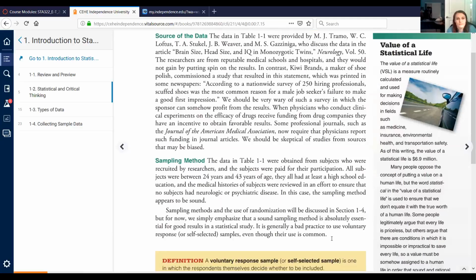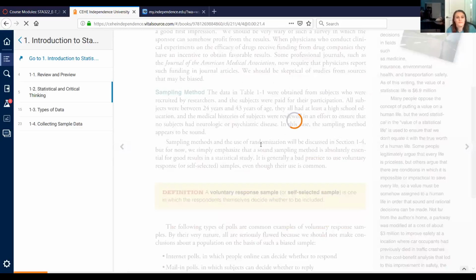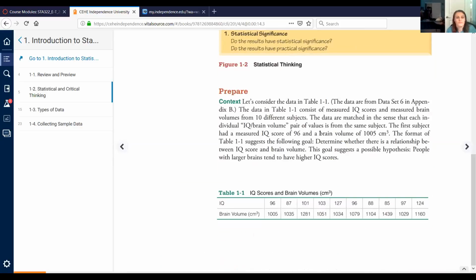Okay, so let's see. I want to back up here. What's the study? Here's an interesting bit of information looking at IQs and brain volumes.